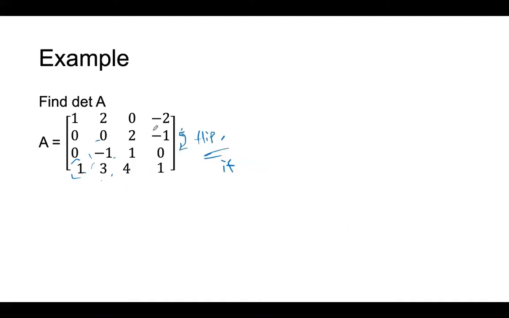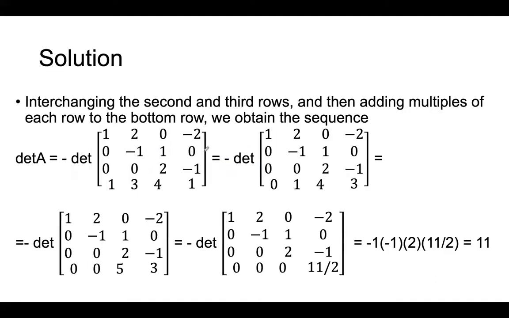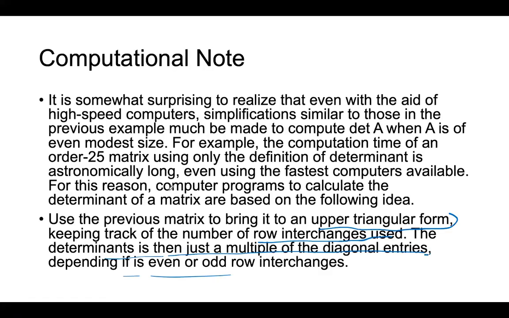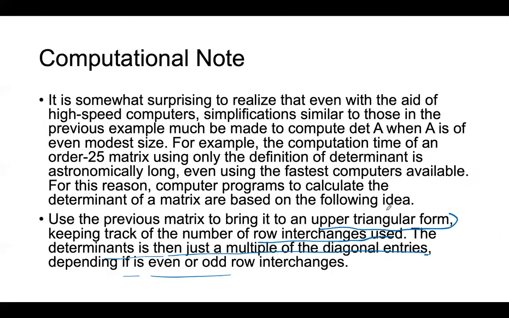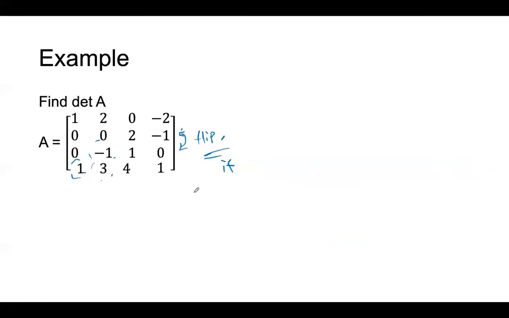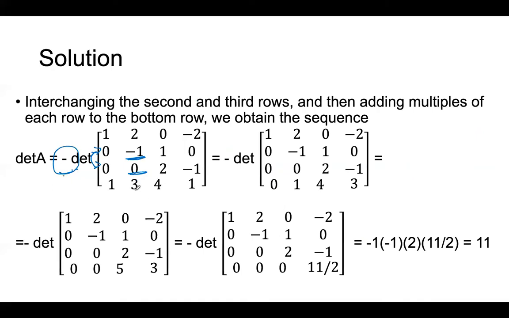So when we flip them here, a negative comes out front, because this is back to this property: if 2 rows or columns are interchanged, then the determinant changes by this factor. Counterintuitive. So we have to flip it and we have to put a negative there.